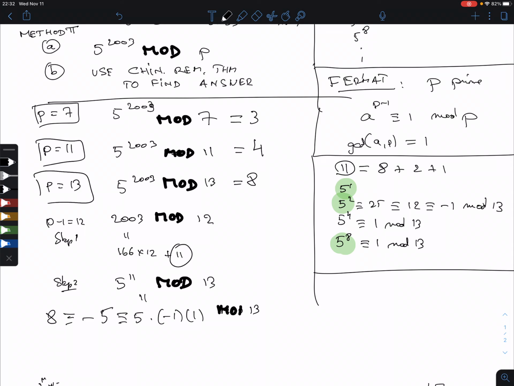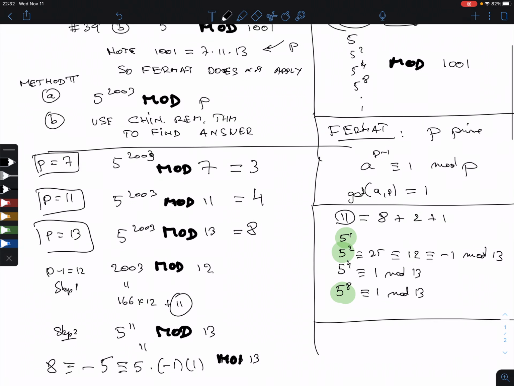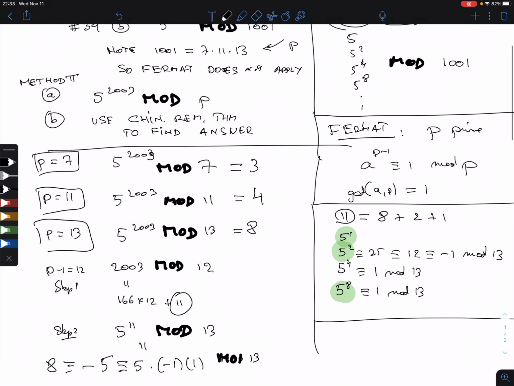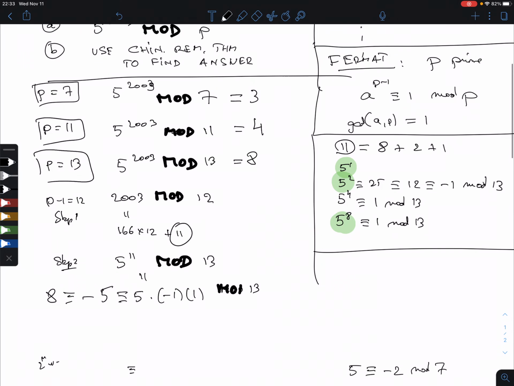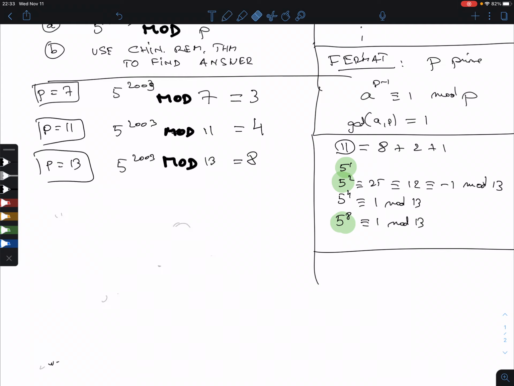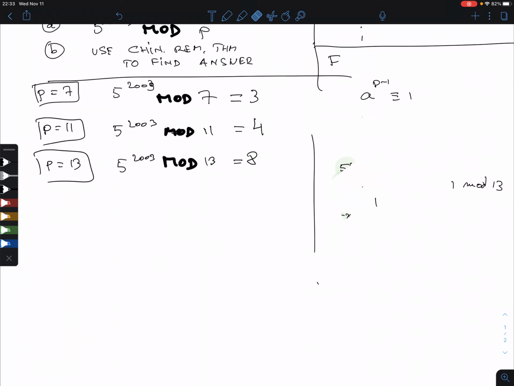Okay, so this is the first part. This is A. Now B says use this remainder, the Chinese remainder theorem. Because what do we know? Let me erase what I don't need anymore so I can better explain. I also don't need this Fermat theorem anymore.